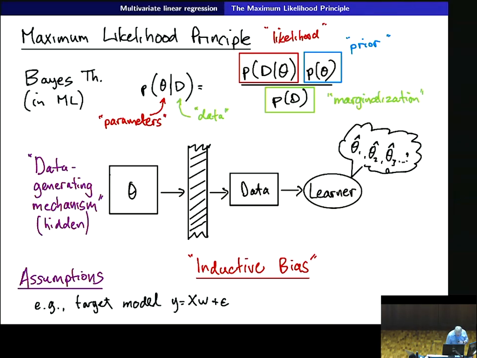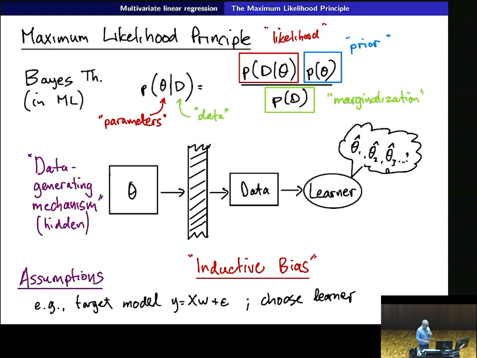But given any of those assumptions, we then choose an algorithm. We just choose a learning algorithm, which is the learner in the cartoon. We choose the learner.